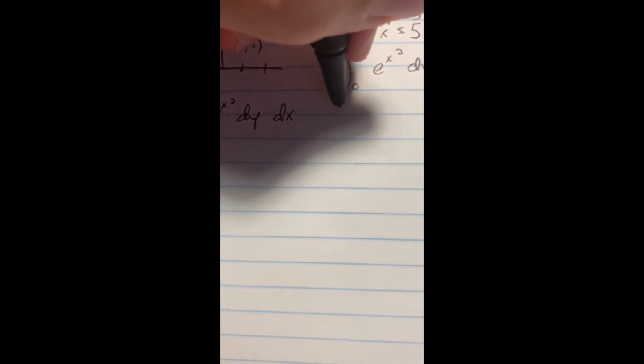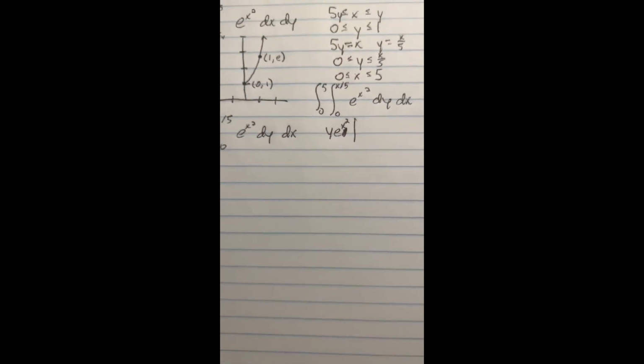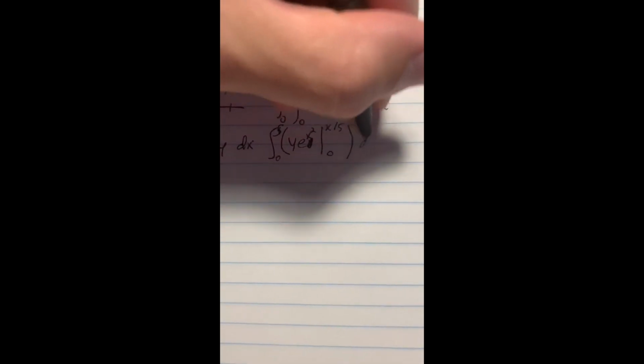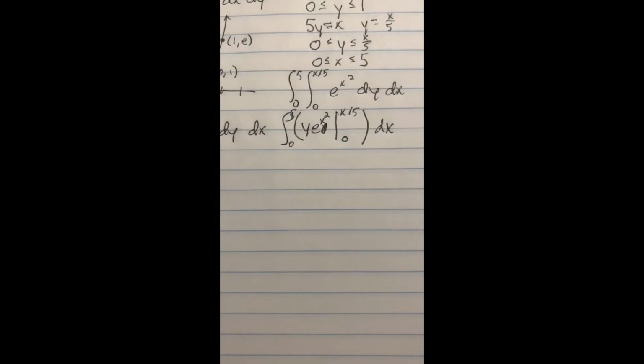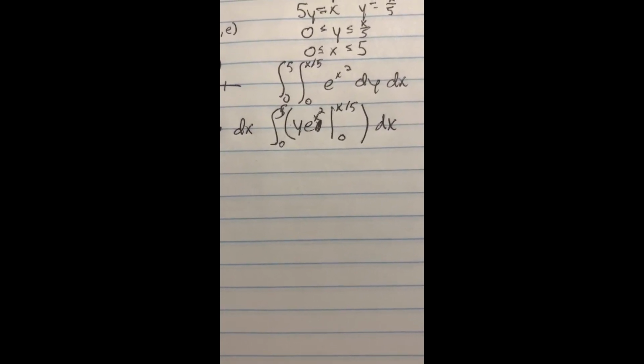So our integral comes out to be y e to the x squared, from x over 5 to 0, all within our outer integral of 5 to 0, dx. The next step would be to plug in these values, x over 5 and 0, into y e to the x squared.